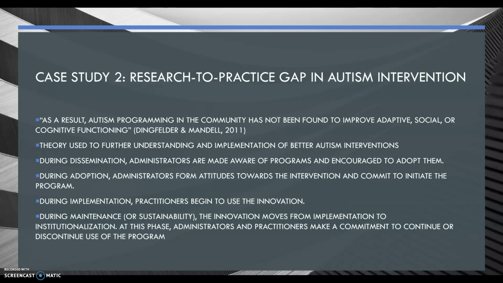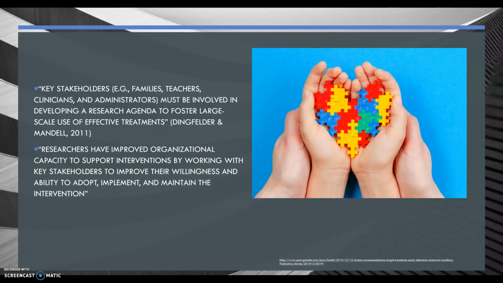And then during maintenance, or sustainability, the innovation moves from implementation to institutionalization. So they made a commitment to continue or discontinue the use of the program. This was based on what they decided as a cohort on what they felt worked best for those students.